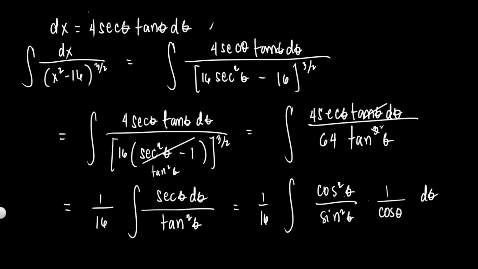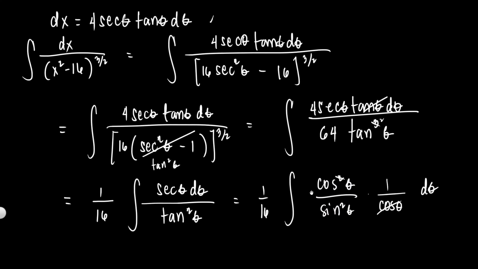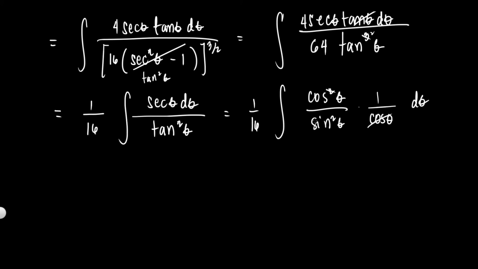Yan. So ito na. So cancel natin to. May natirang isa. Rewrite na nga lang. Sulat na lang natin. 1 over 16 times the integral of cosine theta d theta over sine squared theta. Yan, para malinaw, no?